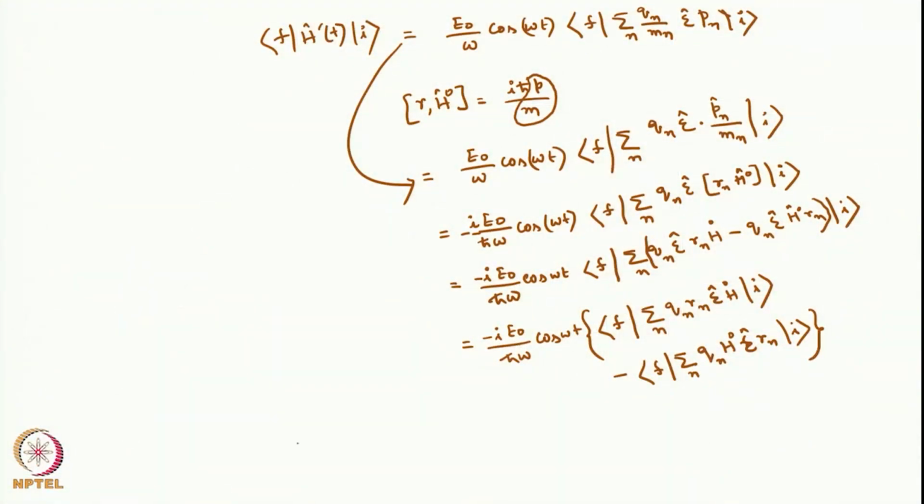So this will now be equal to i E naught by h bar omega cos omega t. This h naught acting on i gives me E i.